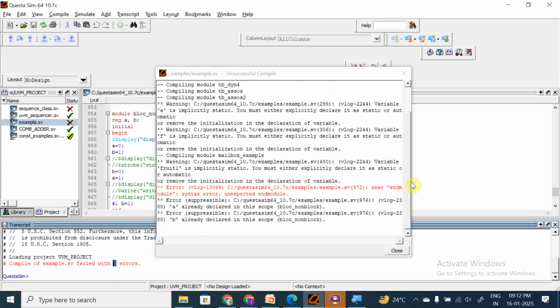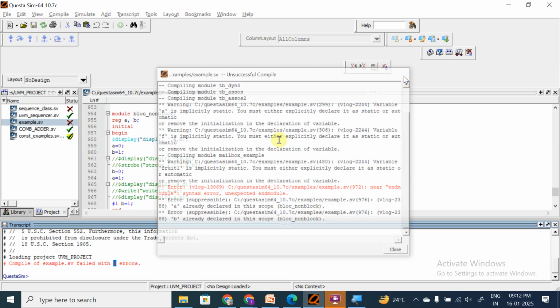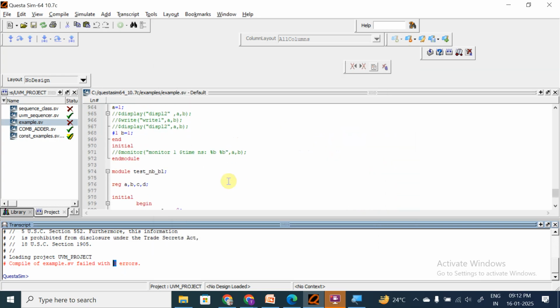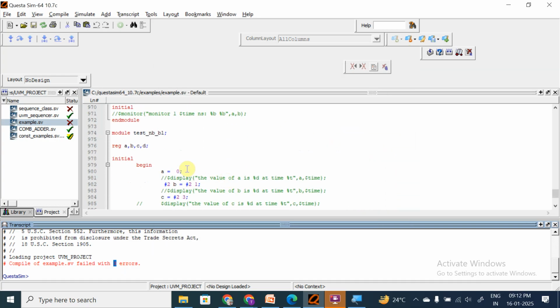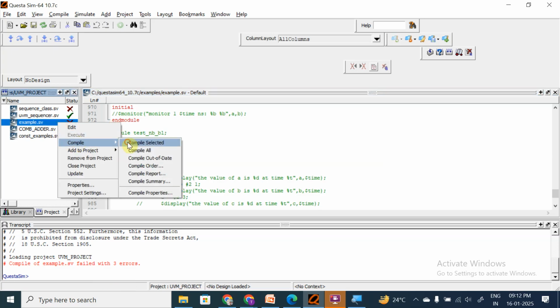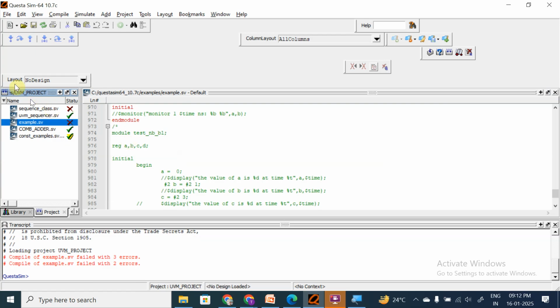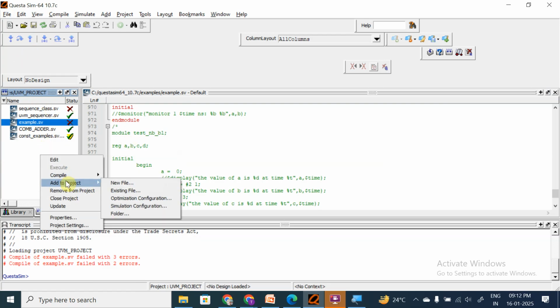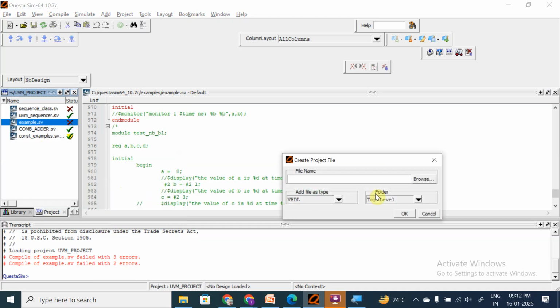Wait a minute, I'm getting some error. Okay, let me create one more file. This file consists of so many codings.